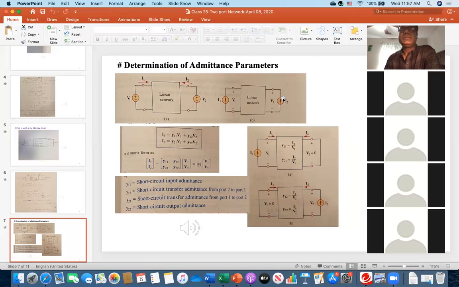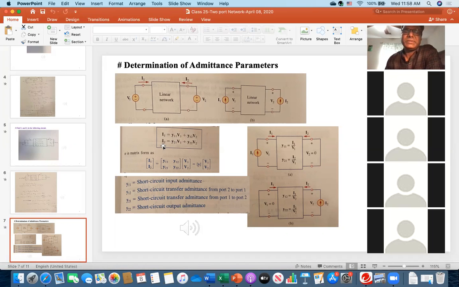Now, when considering this circuit, how can we write down equations relating I1, V1, I2, V2 in terms of admittance? So everybody see this equation. What I am writing? I1 equals Y11 V1 plus Y12 V2. If you all remember, Y is the admittance and Y is the reciprocal of impedance.